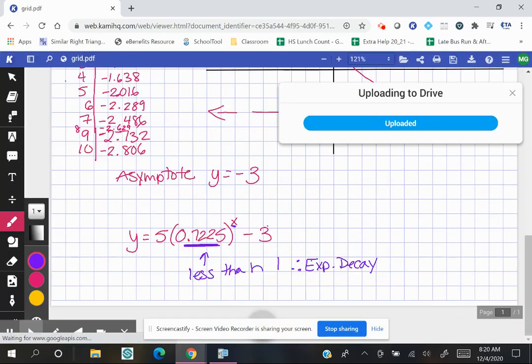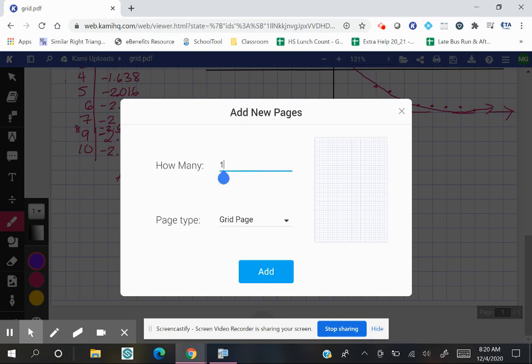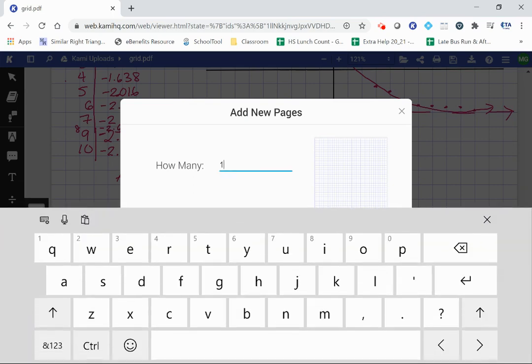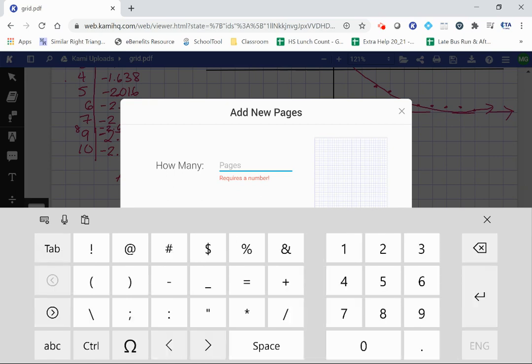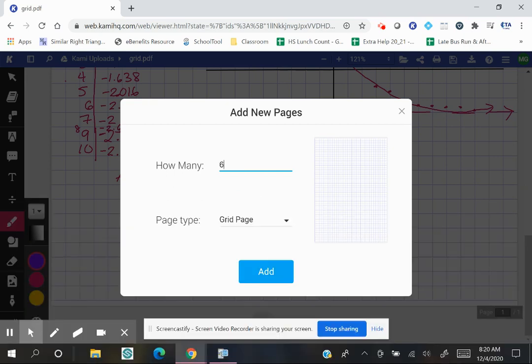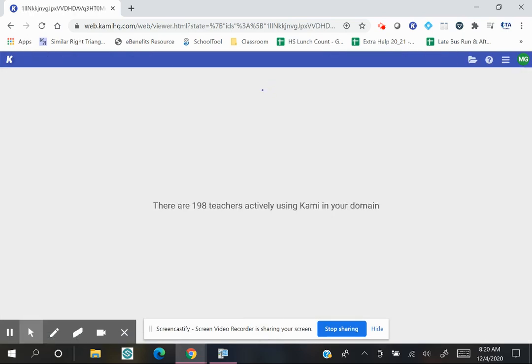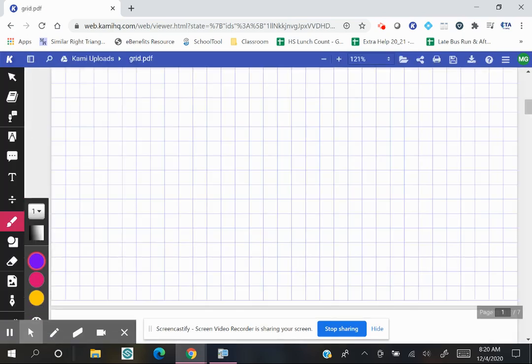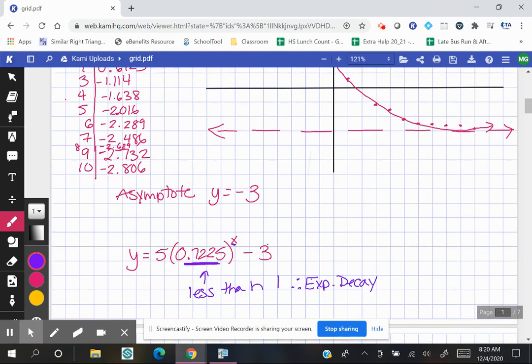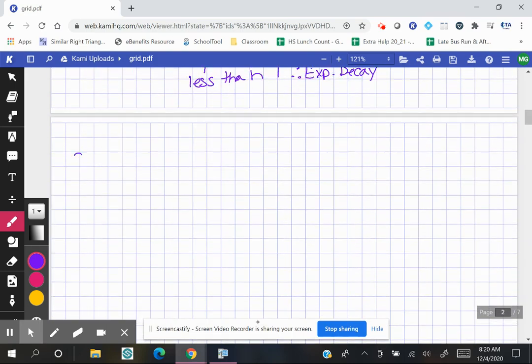Let's do another question. So this next one is a Regents question about rabbits. All right. Number 2.